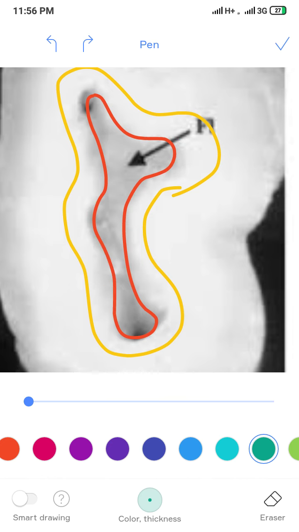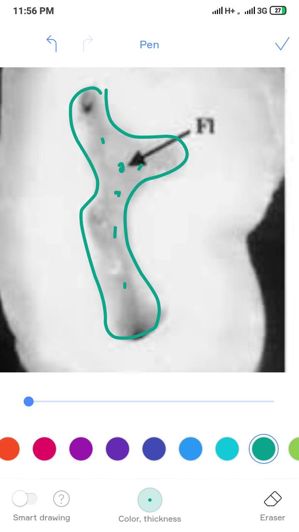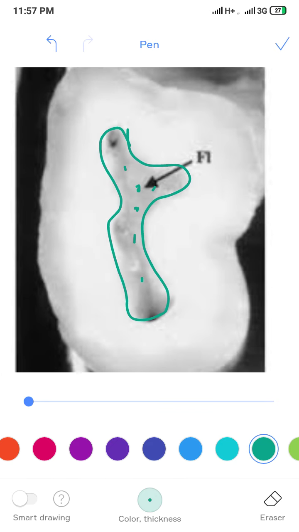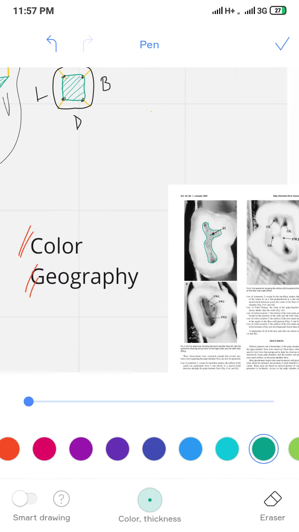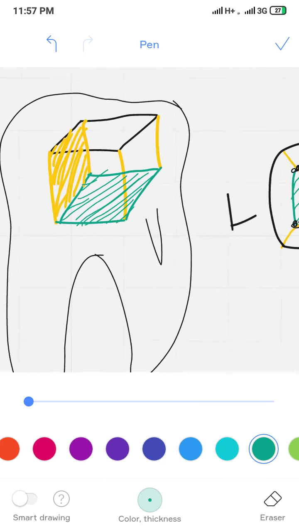What I mean is, don't look for a canal here, here, or here, or here, or here. Look for the canal along the line that is demarking this white and the black region, along this line. I think this illustration will help you understand what I mean better.